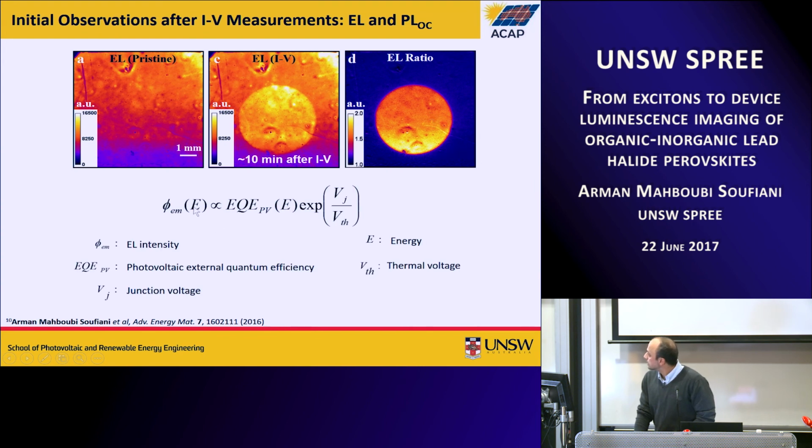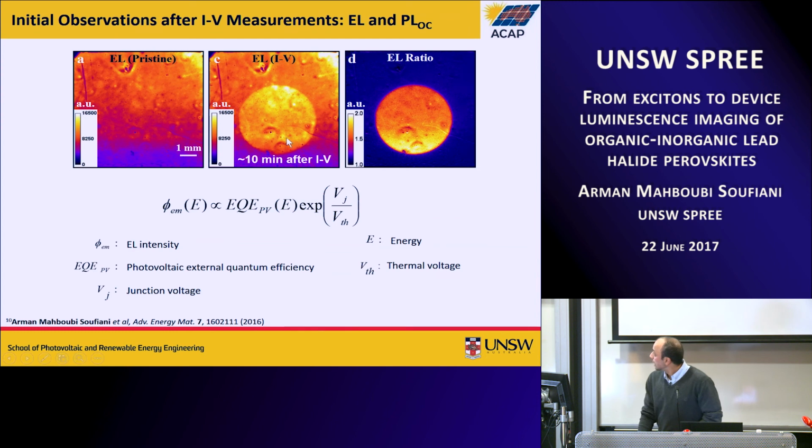So EL intensity is proportional to the photovoltaic external quantum efficiency, and also exponentially proportional to the junction voltage. The EQE actually reflects the quality of the active layer, the perovskite here, for instance, the diffusion lengths of the charge carriers and the recombination rates. And the junction voltage is mainly affected by the series resistance.